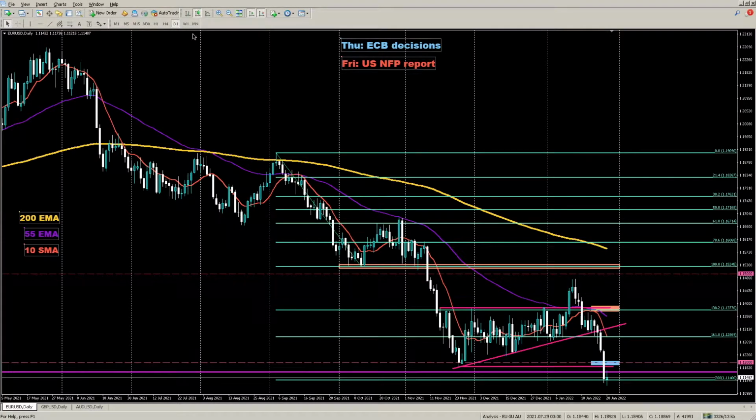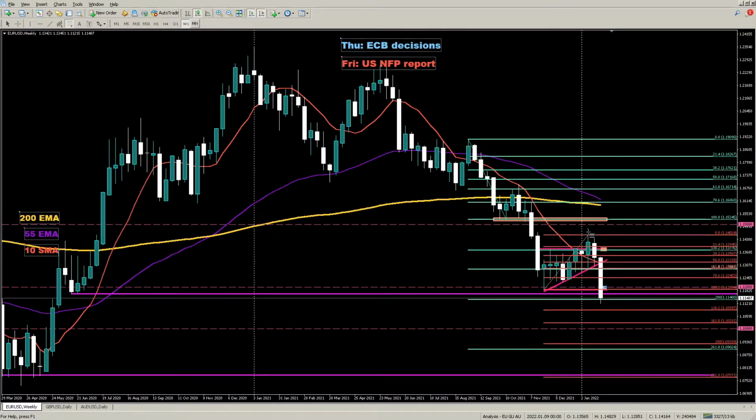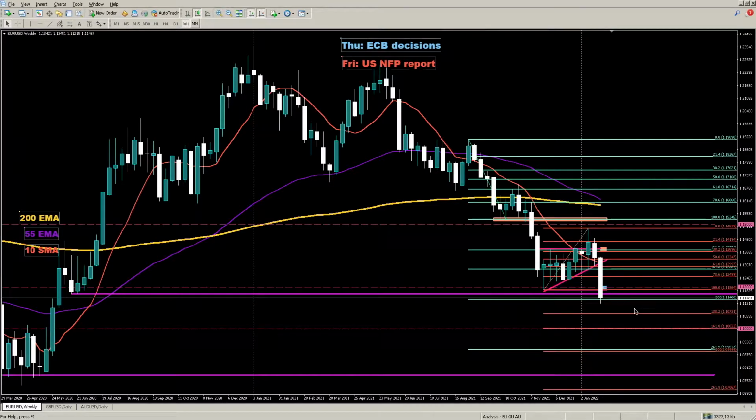And let's see how this looks on the weekly time frame. We could also take a short-term fib reversal move here. Let's take a look. If we take this reversal move, look at that, the 162 fib extension lines up with the 110.00 round figure.